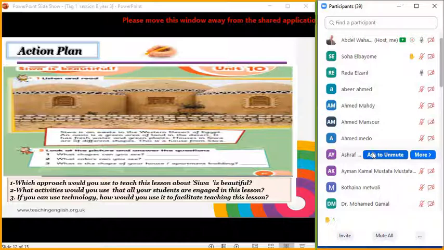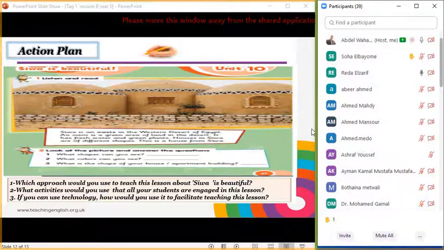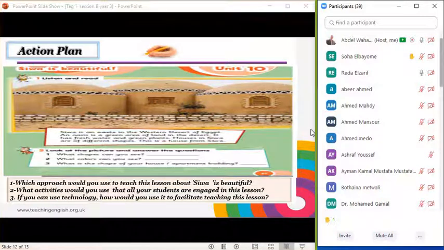For using technology in this lesson, from my point of view, I will use an overhead projector. I will design a picture of different shapes of houses and ask the students some questions. What can you see?